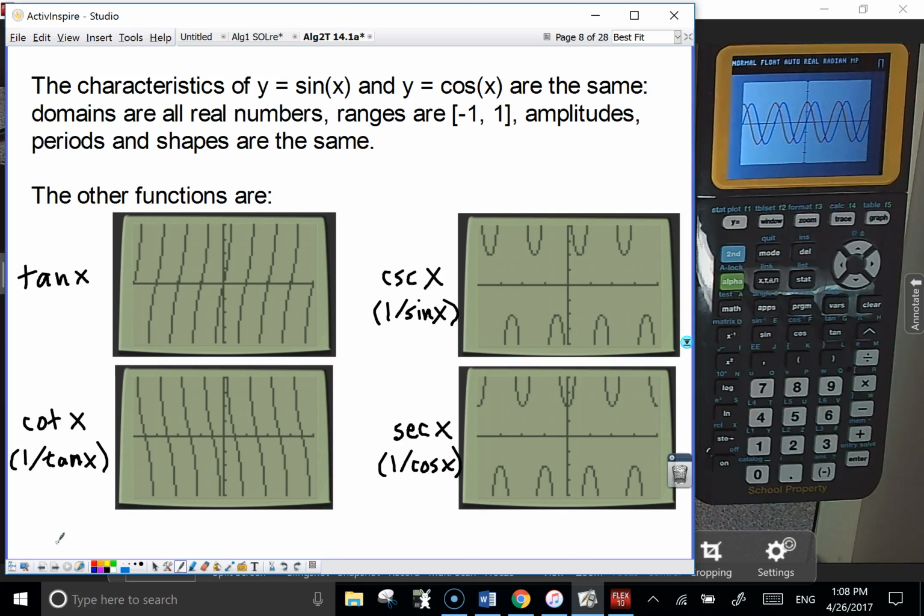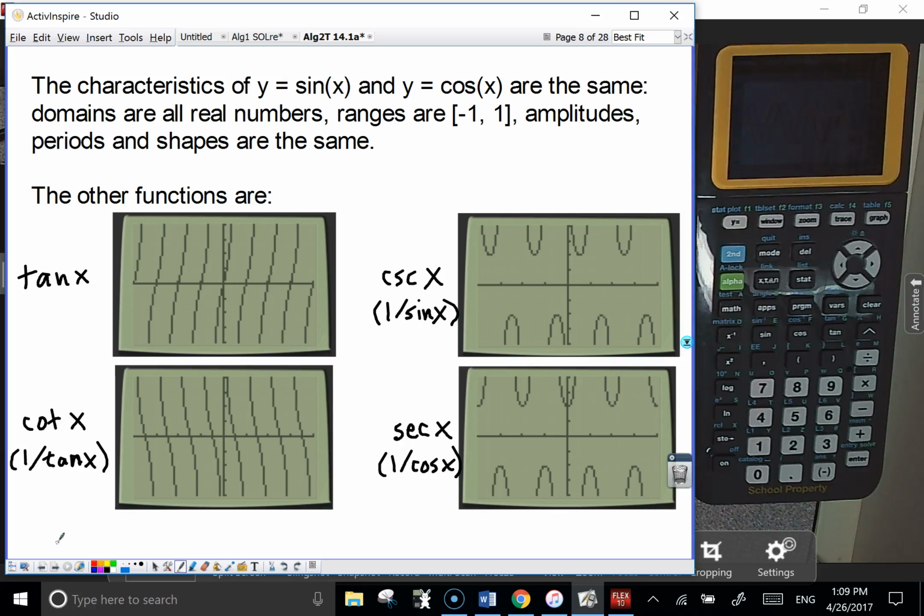And you can see, on the tangent function, remember when you have the coordinates on the unit circle, how did we calculate the tangent? It was y over x, right? Well, if x is 0, and sometimes it is, then you're dividing by 0, which means you have to have a vertical asymptote on the graph.